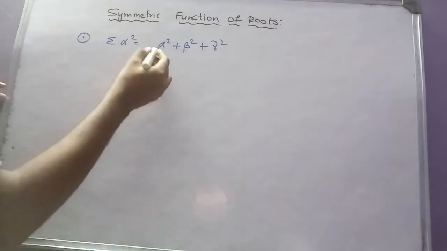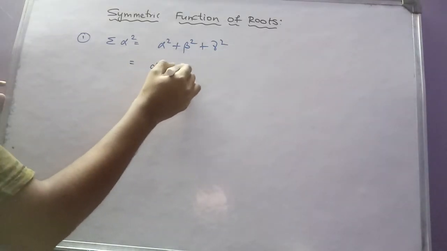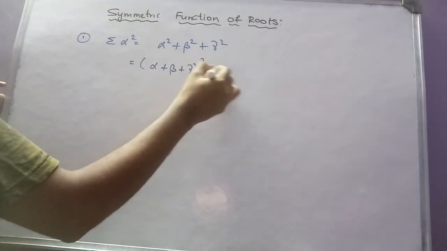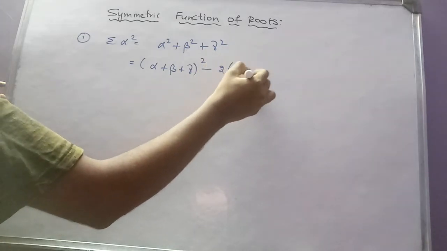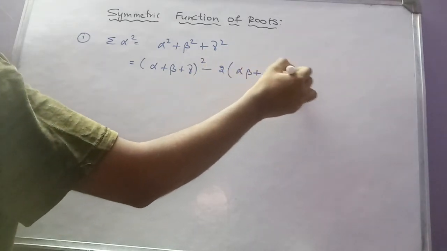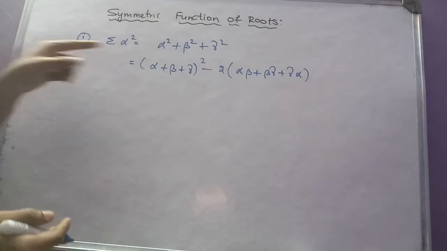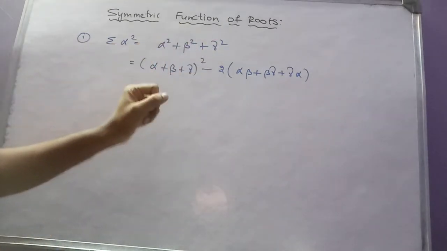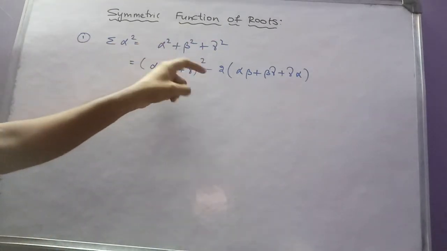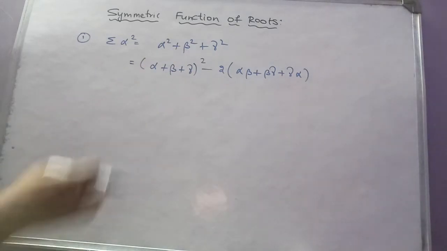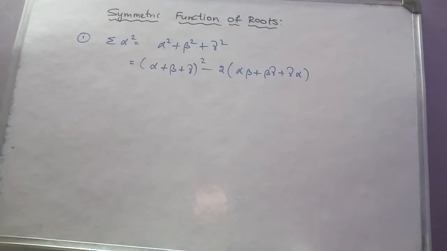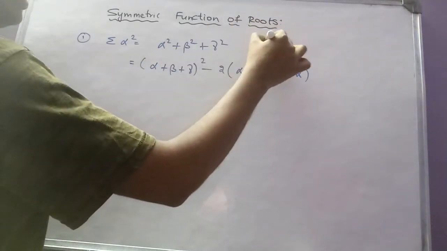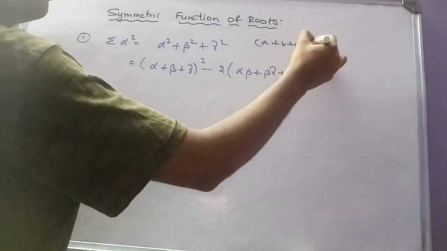From those identities, it can be written as a plus b plus c whole square minus 2 into ab plus bc plus ca. Or alpha square plus beta square plus gamma square is alpha plus beta plus gamma whole square minus 2 into this. So this is an identity. You should remember this identity. So what is the identity I have used here? I used this identity.